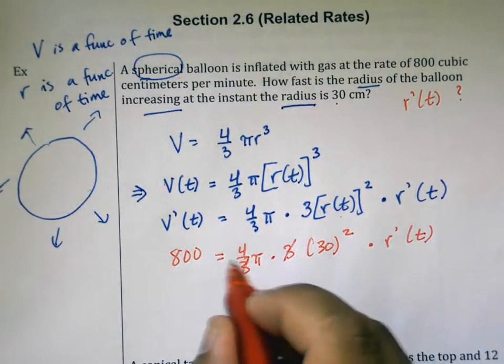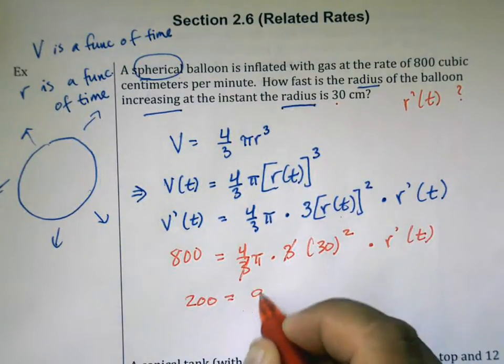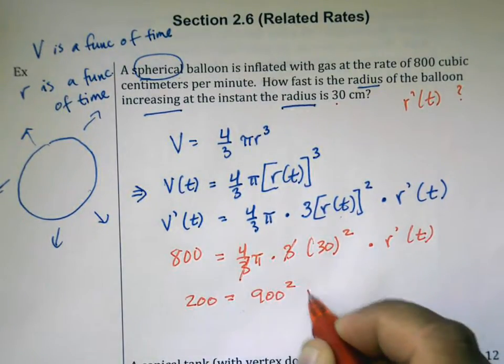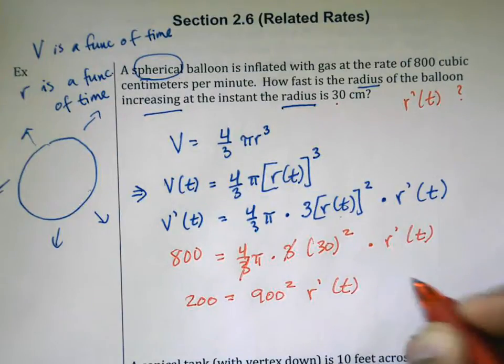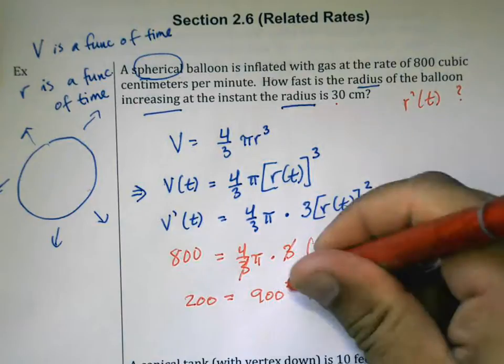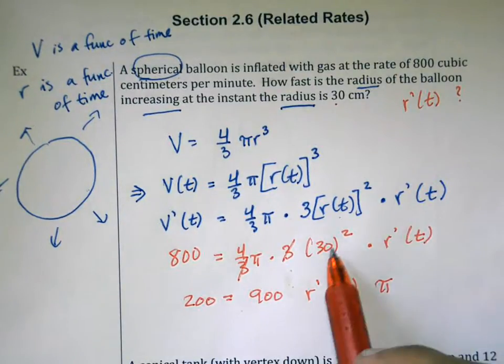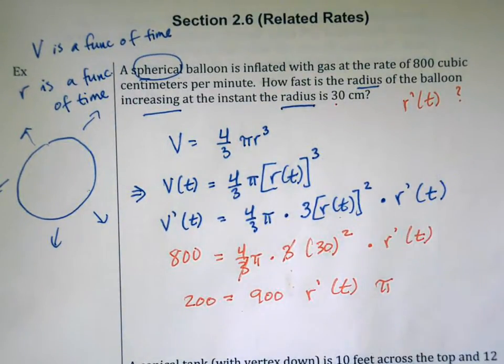Let's divide both sides by 4, and you have 200 equals 900 r prime of t, and there's a pi in there as well. Okay, that's 30 squared, and there's a pi here.